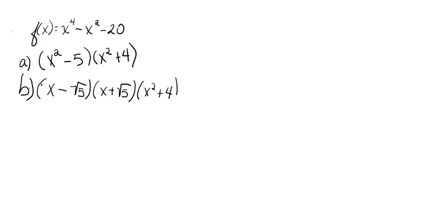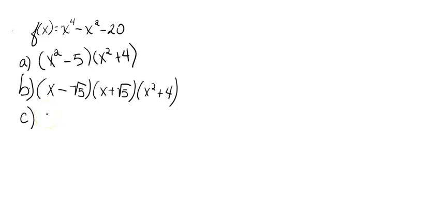But there are no two real linear factors to multiply together to give me x squared plus 4 as its product. So in this case, part B has been factored into both linears and a quadratic that are irreducible over the reals. So I've gone as far as I can go in the real number system.